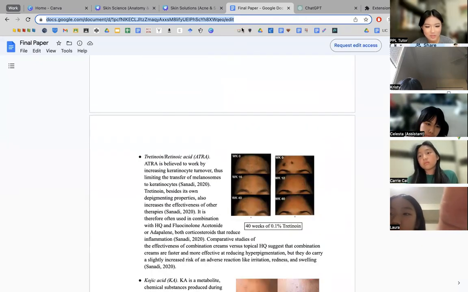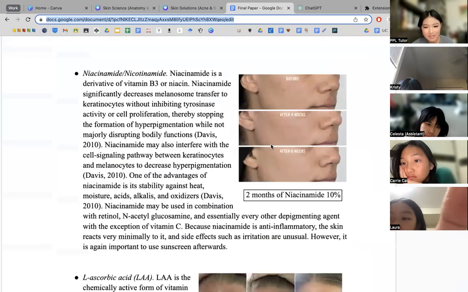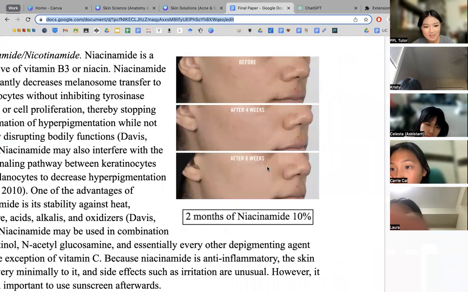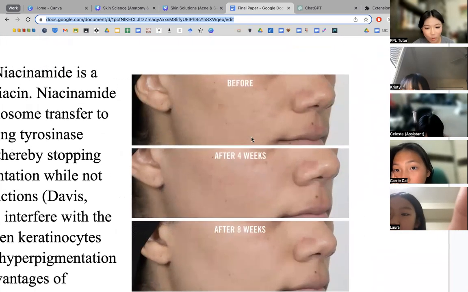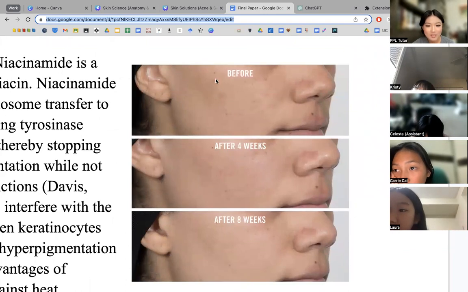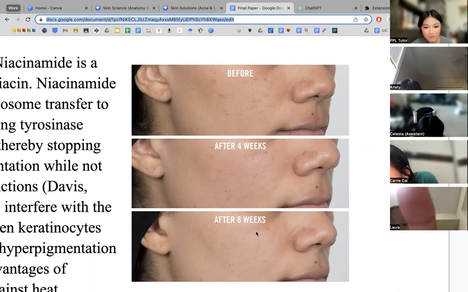I can show you guys really quickly what some of the effects are. So niacinamide: you can see here 2 months of niacinamide 10%, and it's quite obvious. Before and after 8 weeks, you can see this really dark mark basically disappeared, and the overall appearance looks much brighter and healthier.